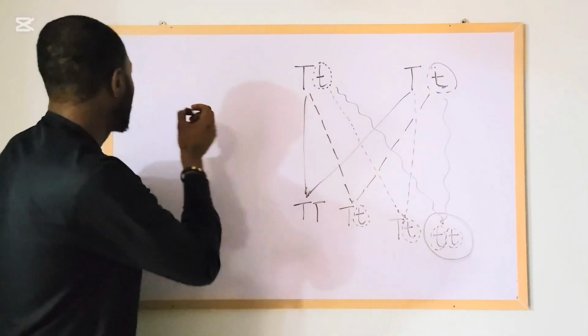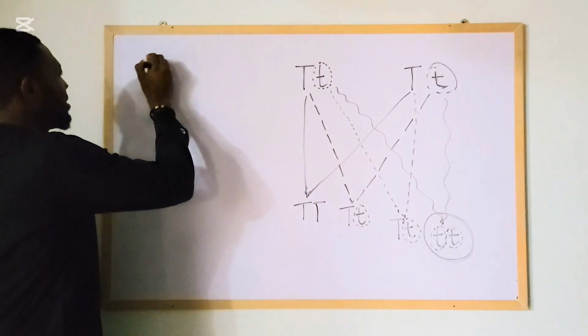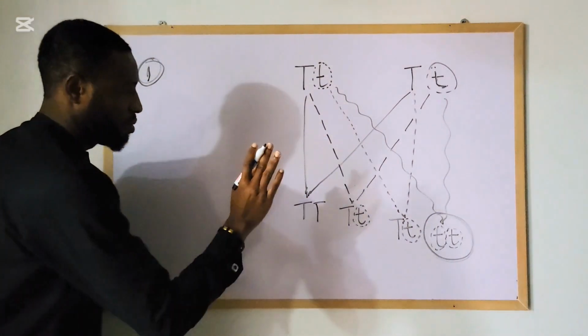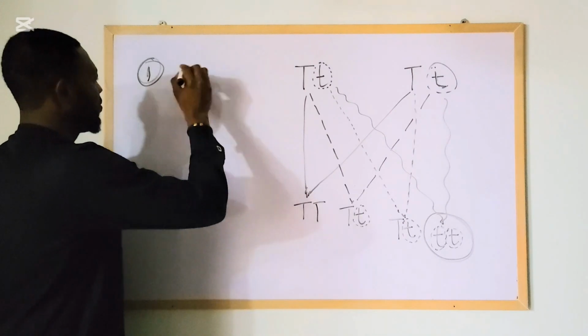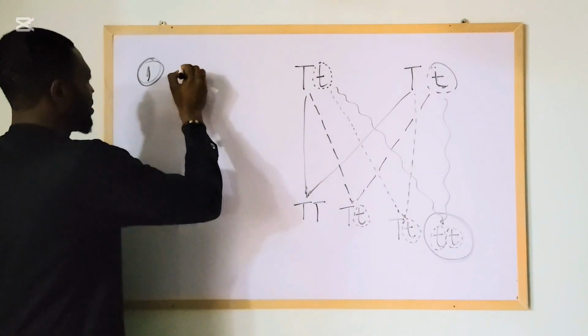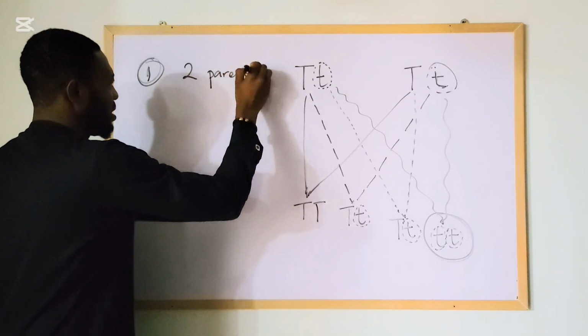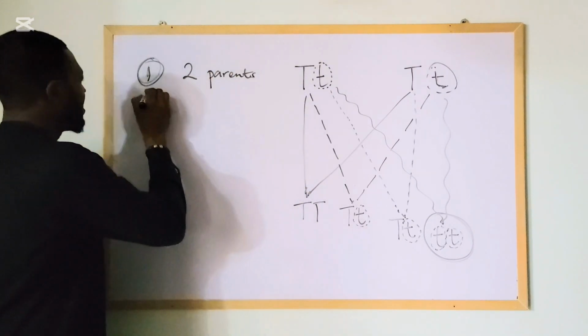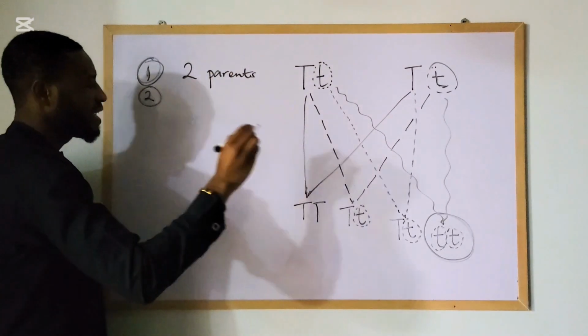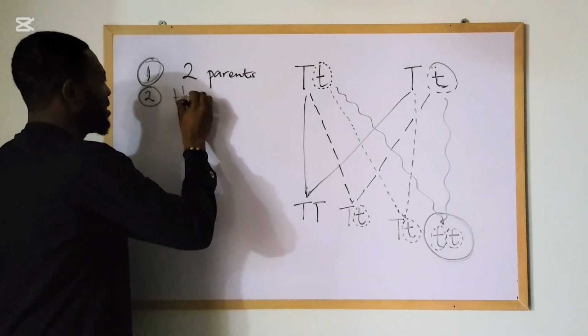The first we see is that both parents must be carriers for the disease to manifest in the offspring. So both parents contribute to the disease. Okay, the second is that the disease manifests in the homozygous state.